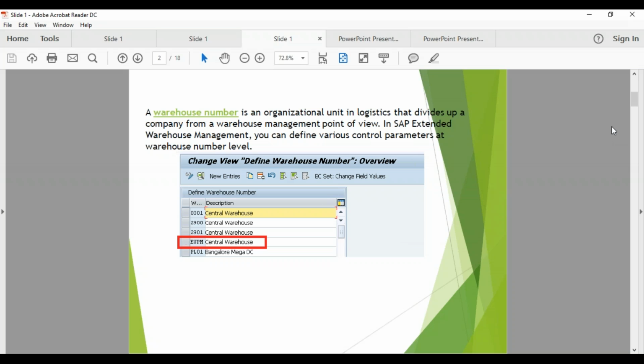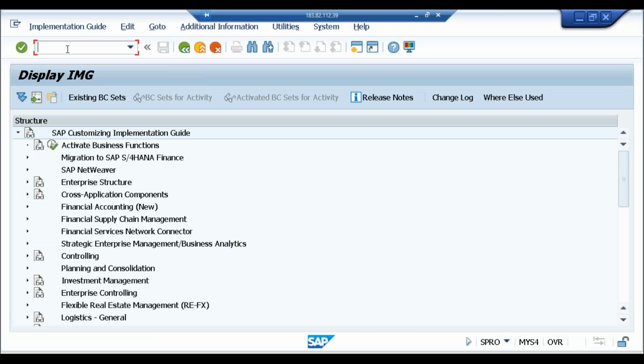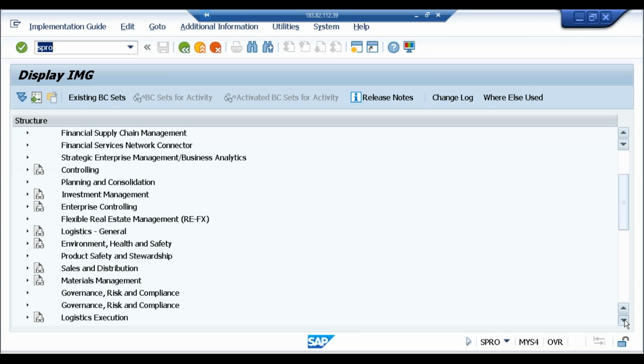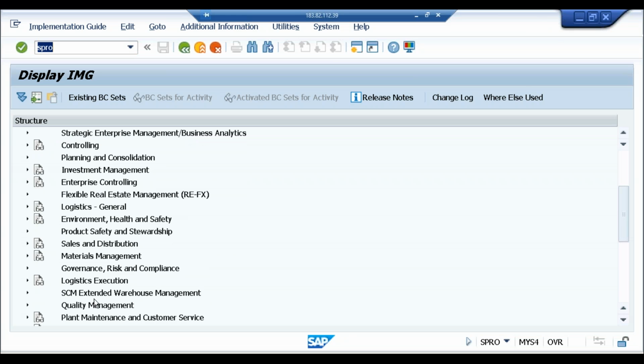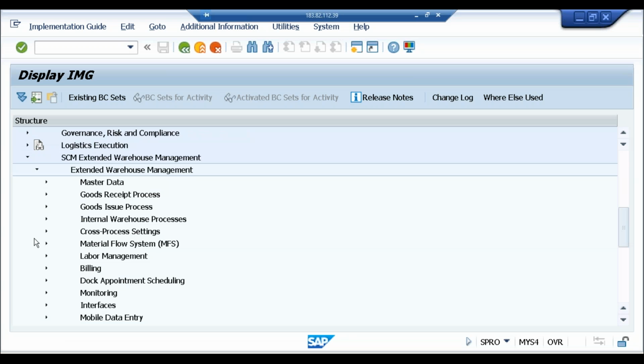I'll show you in the system. Configuring the warehouse structure is a very important element in the implementation of extended warehouse management.